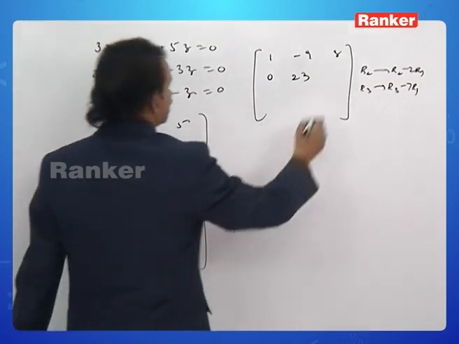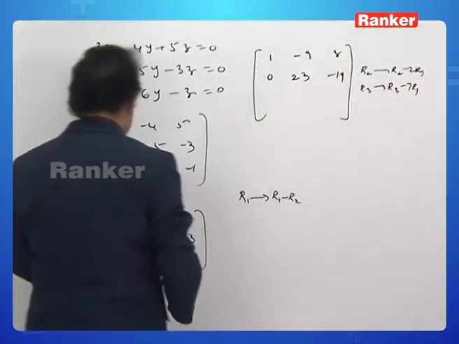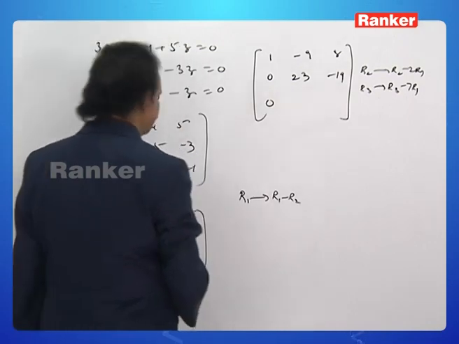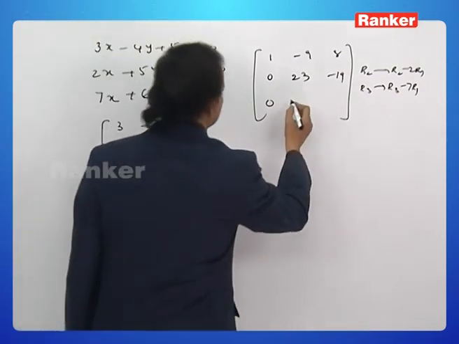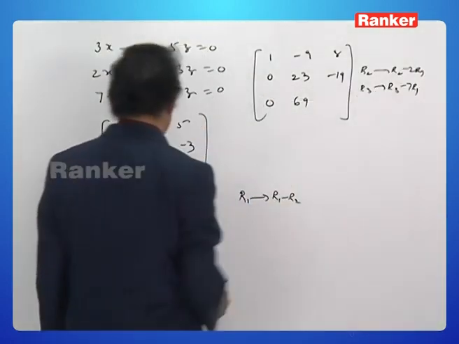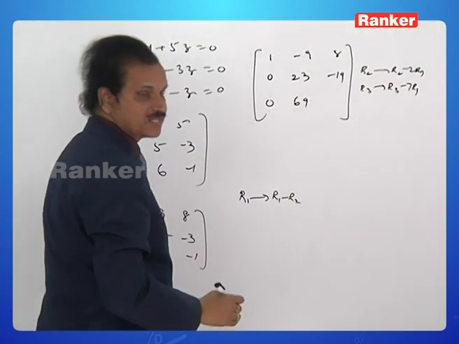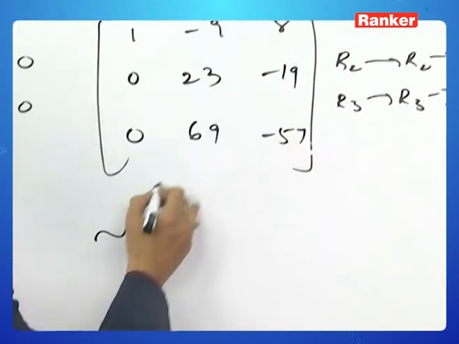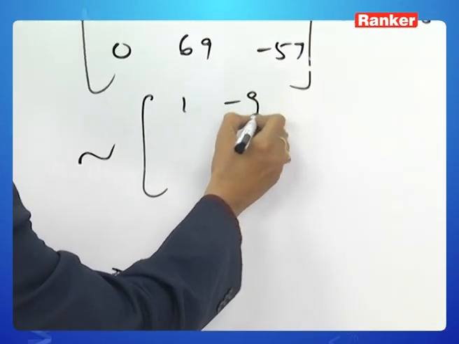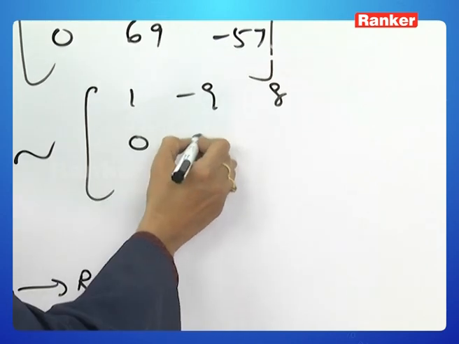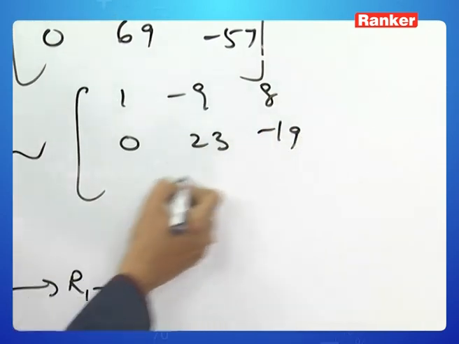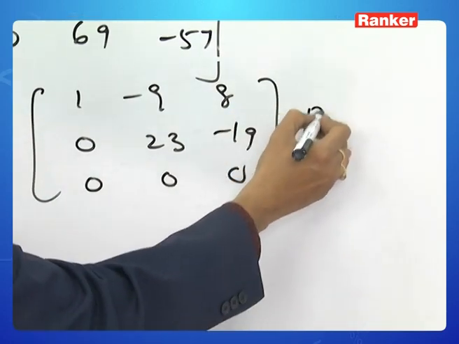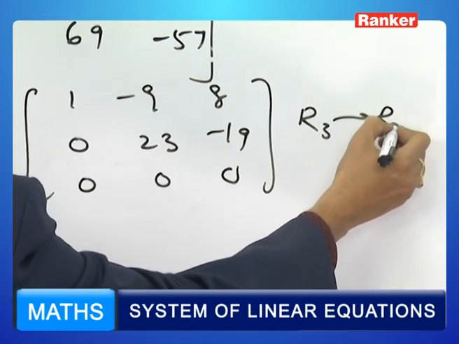Minus 3 minus 16, minus 19. 7 minus 7, 0. 6 minus of minus 63, 6 plus 63, 69. Minus 1 minus 56, minus 57. This is again 1, minus 9, 8, 0, 23, minus 19, 0, 0, 0. Why? Because R3 changed as R3 minus 3R2.